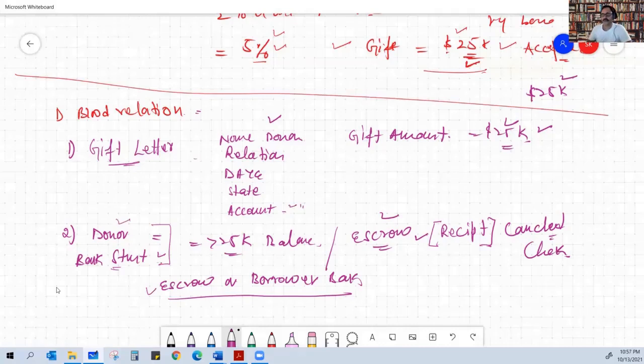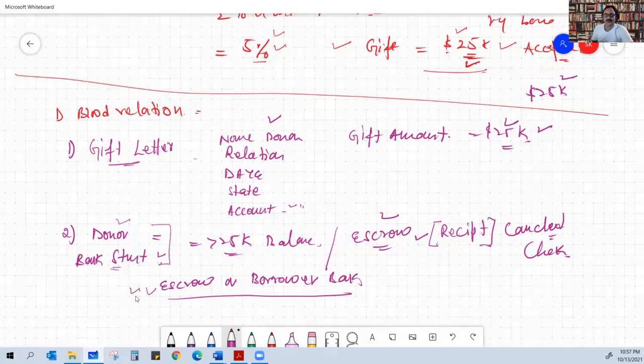So we are going to make it a condition that closing can only be scheduled after that. That is what needs to be done: before closing, evidence that the gift funds have been transferred or deposited into the borrower's account needs to be verified, or the escrow account or canceled check needs to be seen.